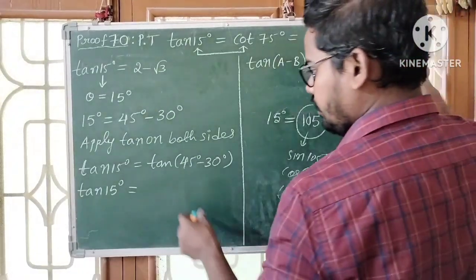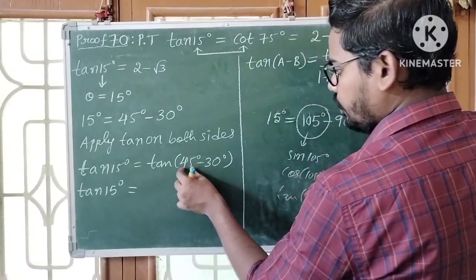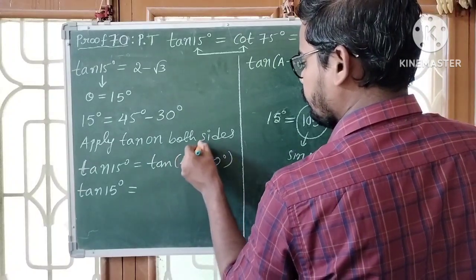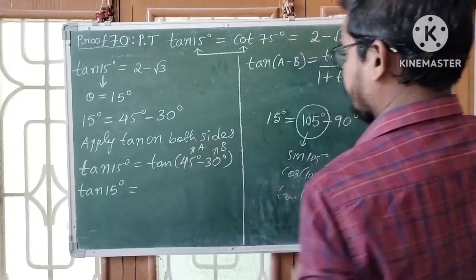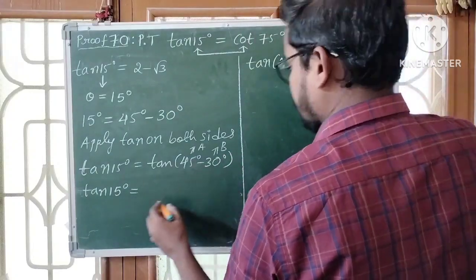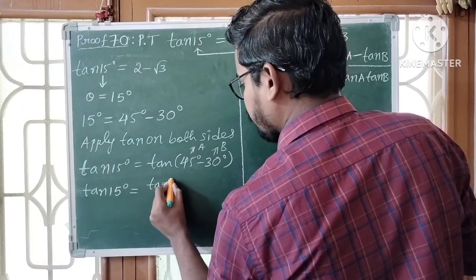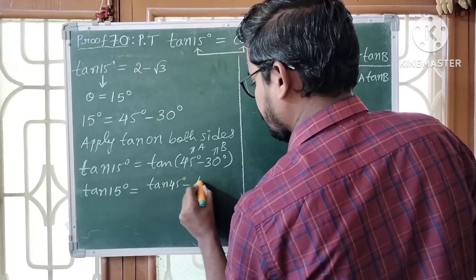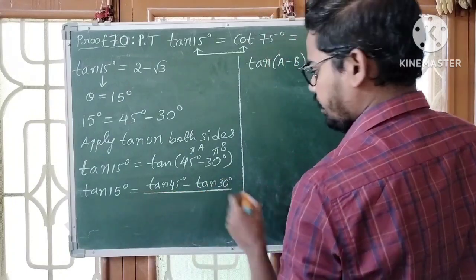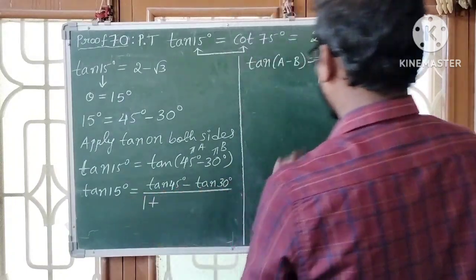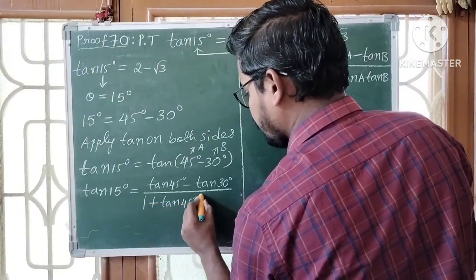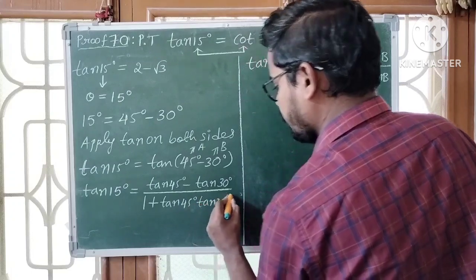Using this formula, we can write tan of 45 degrees minus 30 degrees as tan of A minus B. Here A is equal to 45 degrees, B is equal to 30 degrees. Apply this formula: tan A minus tan B, that is tan 45 degrees minus tan 30 degrees, whole divided by 1 plus tan A tan B, tan 45 degrees into tan 30 degrees.